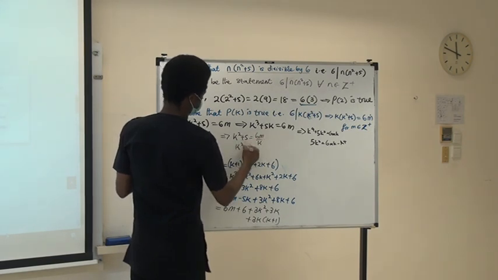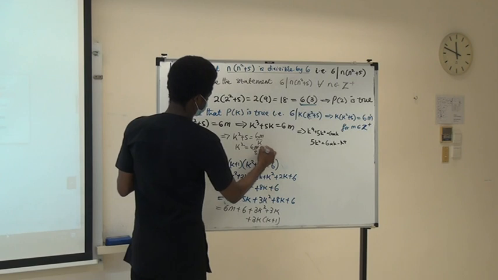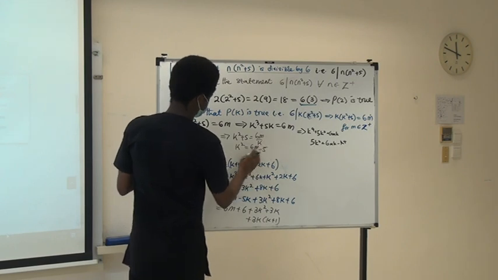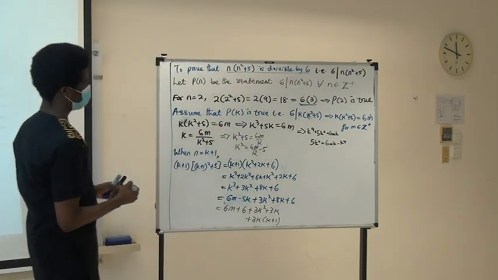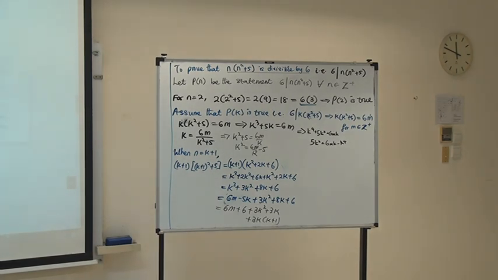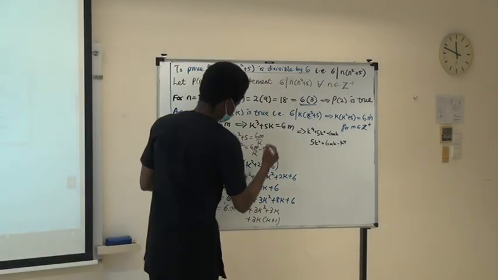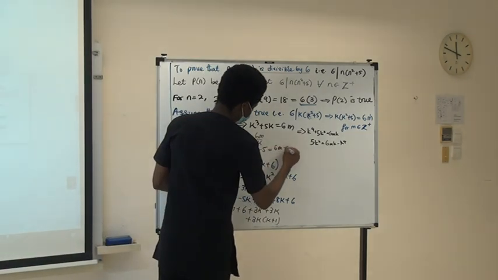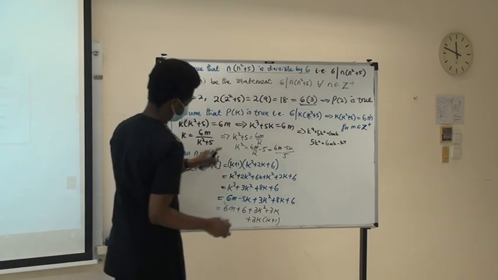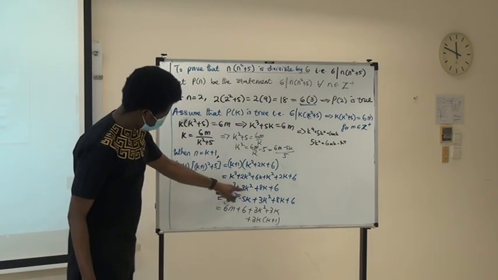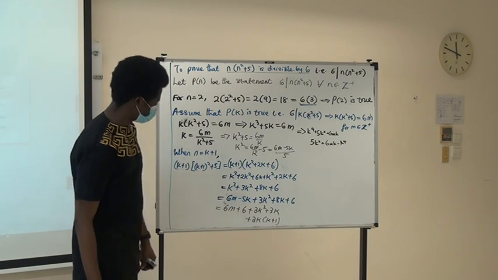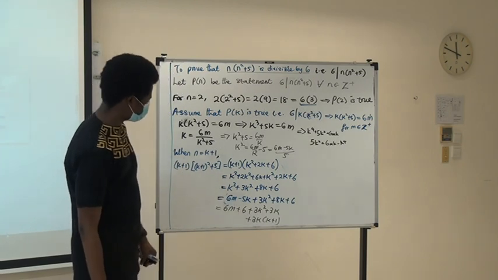So k squared is going to be 6m over k minus 5. Right? Is it? No. Then you have 6m minus 5k. Do we have 6m minus 5k? Yes. So 6m minus 5k divided by k. So, put this here. No, it still doesn't make much sense to me.